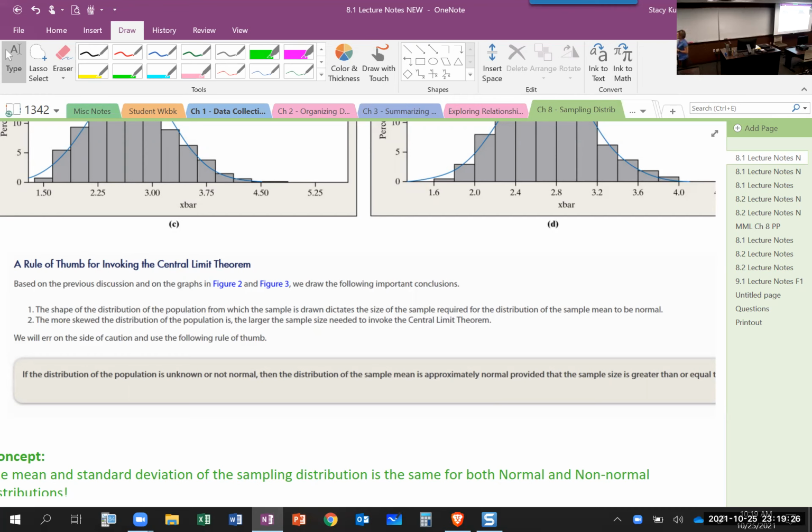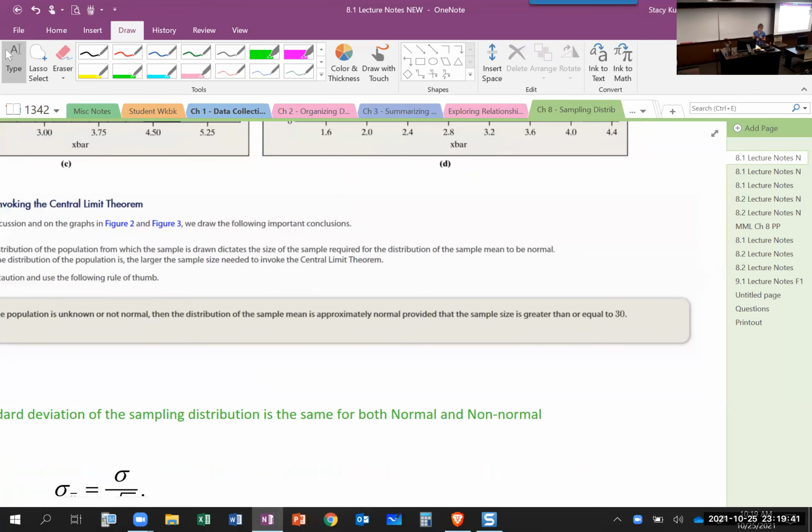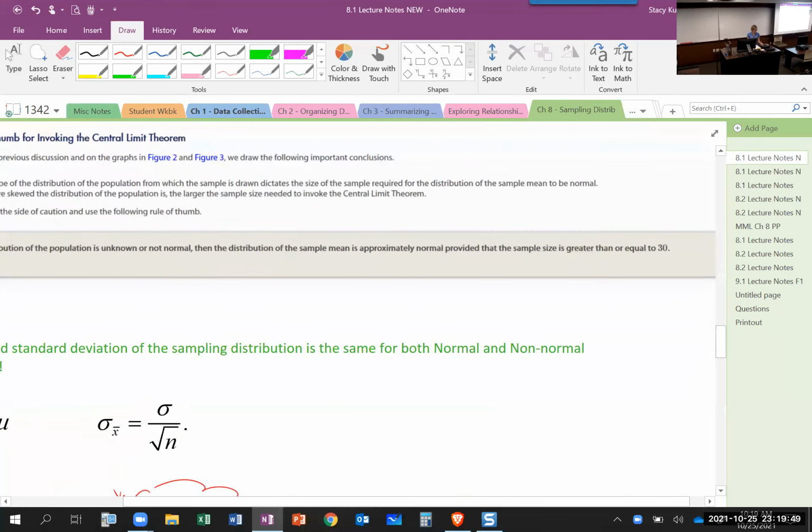It tells us that if the distribution of our population is either not normal or not known, then our sample distribution can become approximately normal, right? Regardless of our shape, we're going to have an approximately normal distribution. Here, let me move that up here.